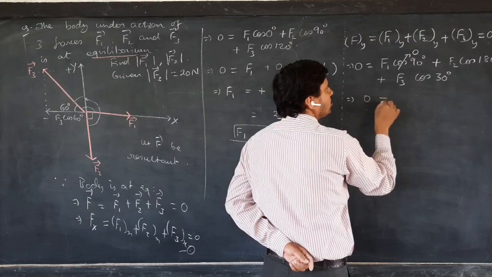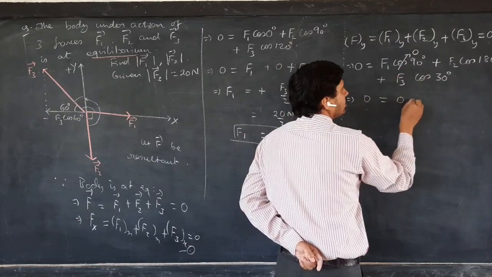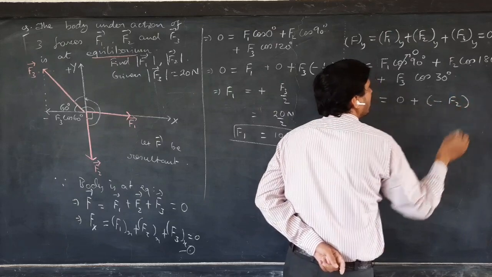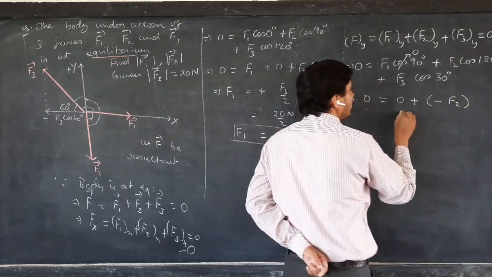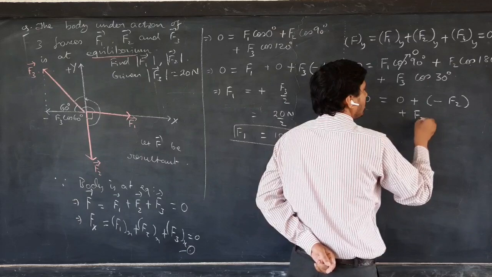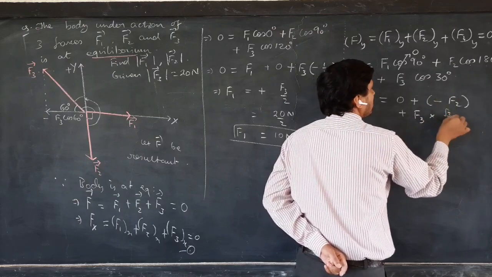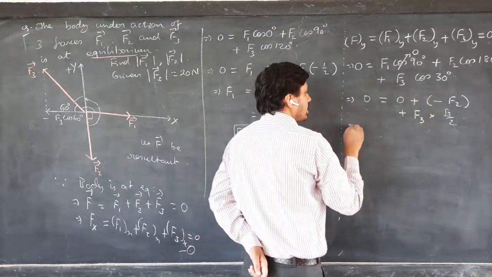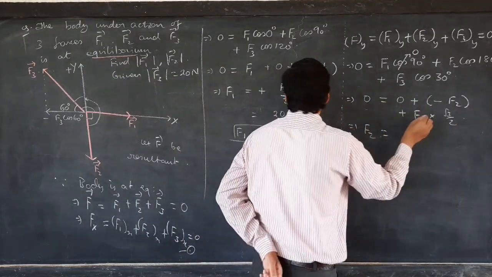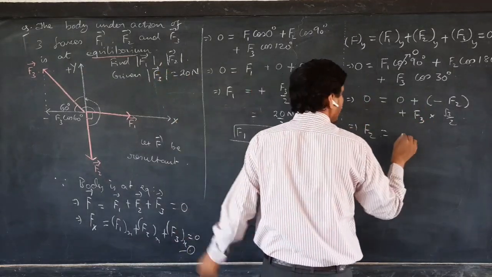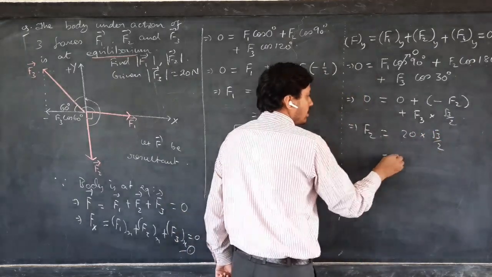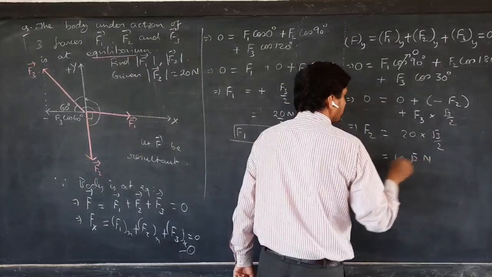So we get 0 is equal to 0 plus cos 180 is minus 1, so it becomes minus F2. And then cos 30 is root 3 by 2. So minus F2 comes this side, so it becomes F2 is equal to F3. F3 is 20, so 20 times root 3 by 2, that is 10 root 3 Newton.